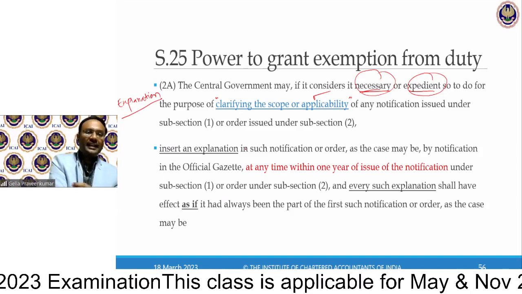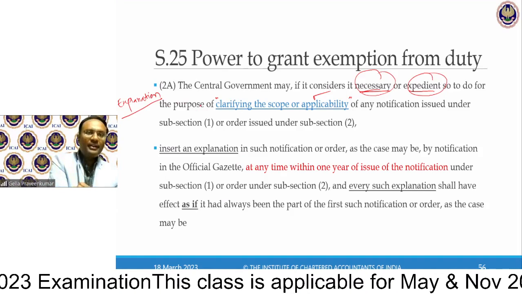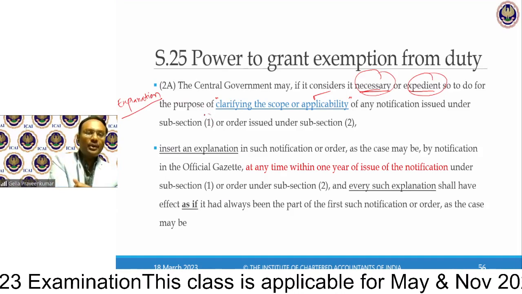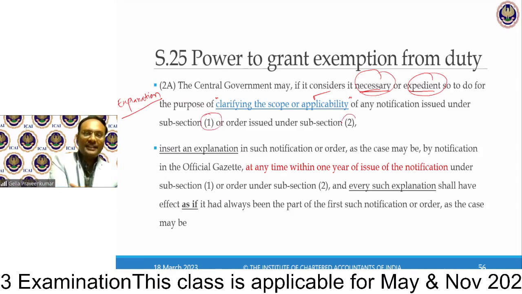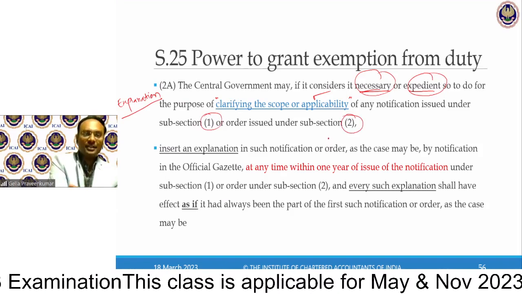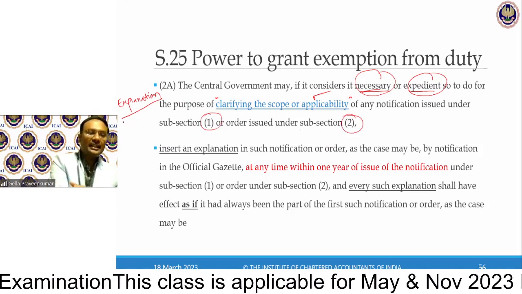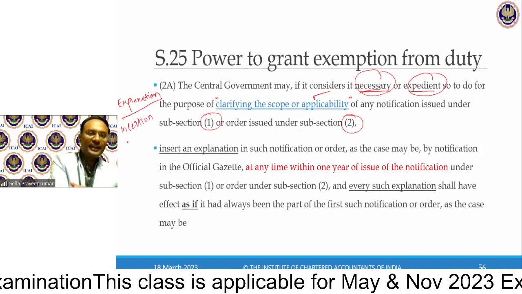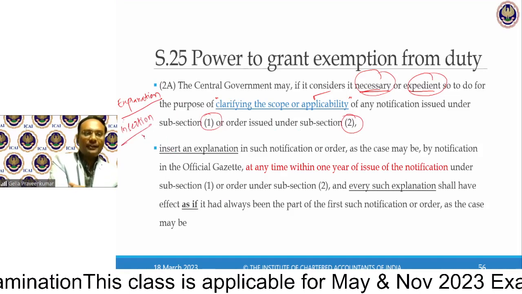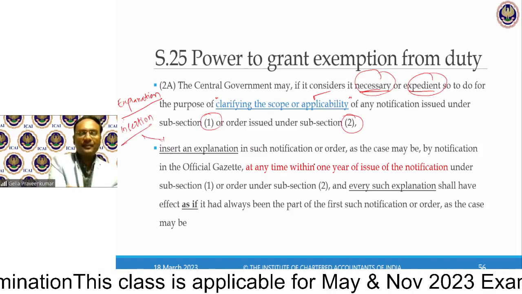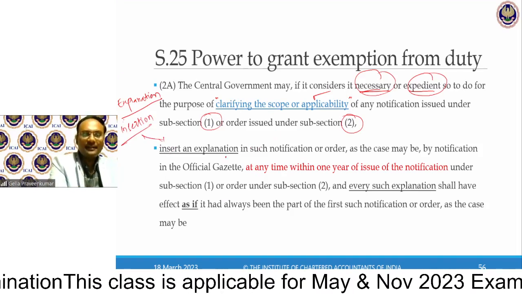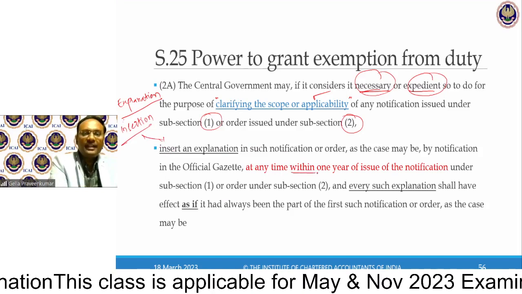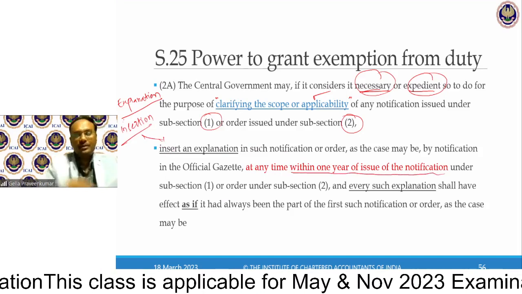So here they say that by virtue of this Section 2A, any notification issued under subsection 1, or any special order passed under subsection 2, can have the insertion of an explanation. When I have to insert this explanation, these explanations will be inserted within 1 year of issue of such notification.